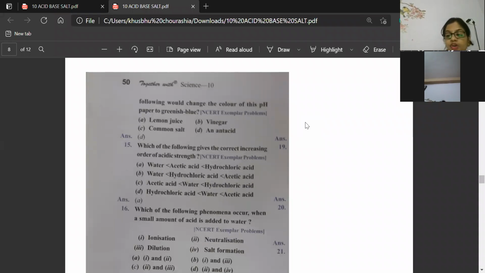Which of the following phenomena occur when a small amount of acid is added to water? Ionization, neutralization, dilution, or salt formation?